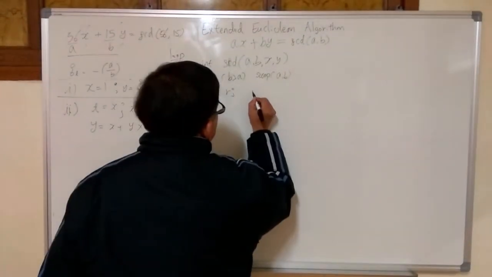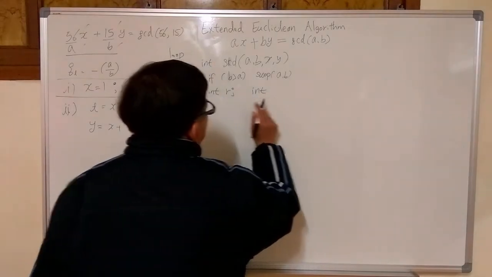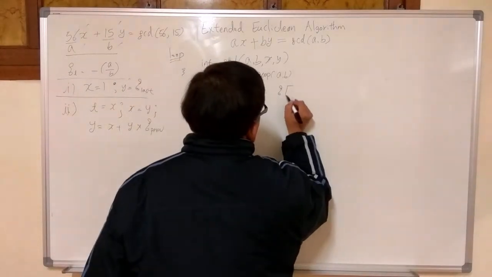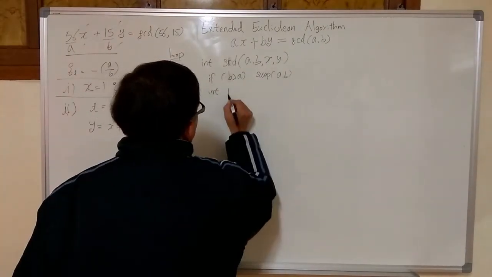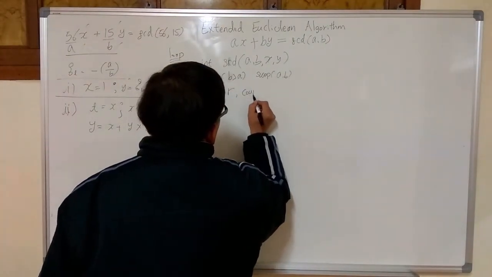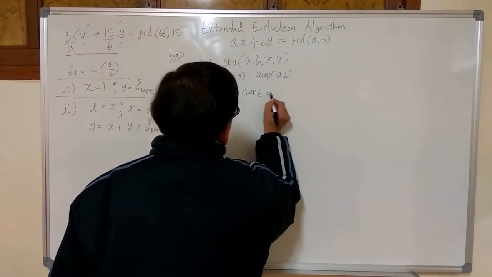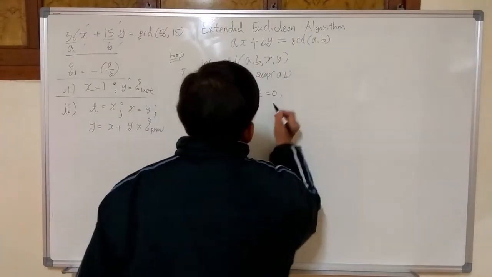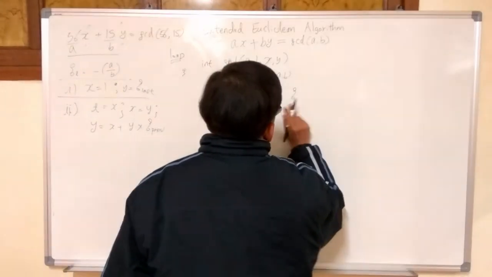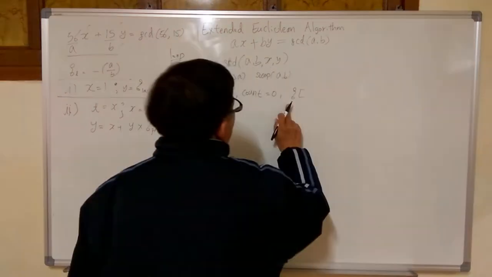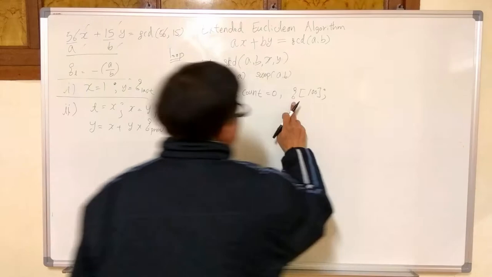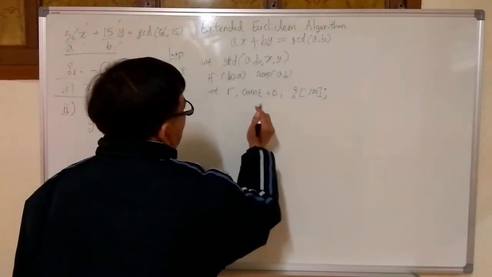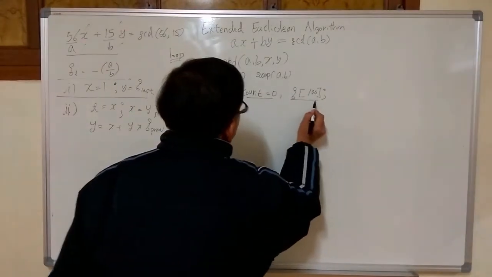So int R, int count, I will initialize count to 0, then also int Q, I will say 100 integers, for example. I added these two items now.